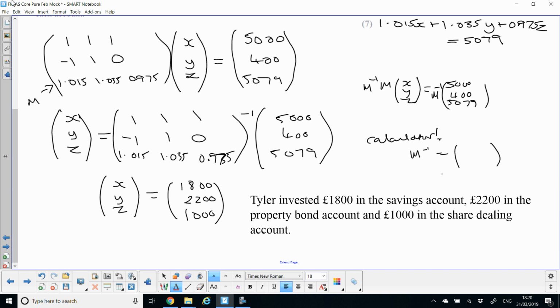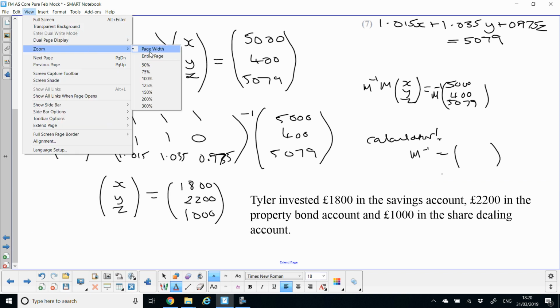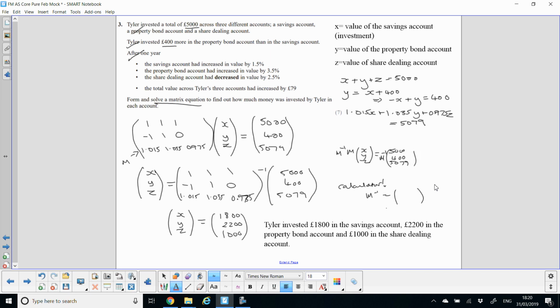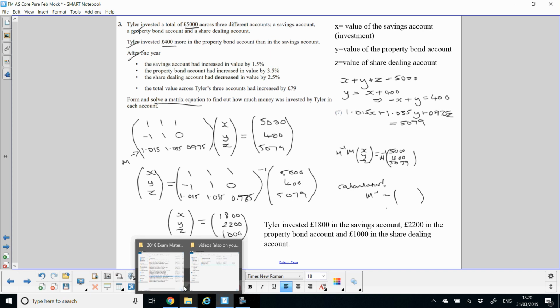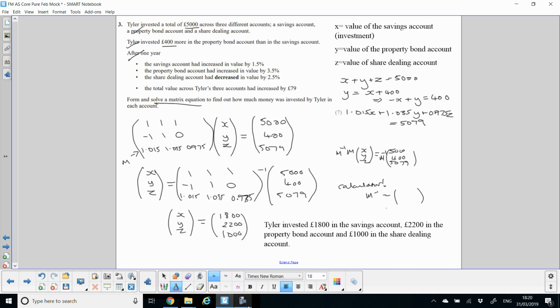If you don't put context in, on all the ones we've seen, you've ended up losing 2 marks, and that can make all the difference in your exam. So make sure you always on these ones have context.